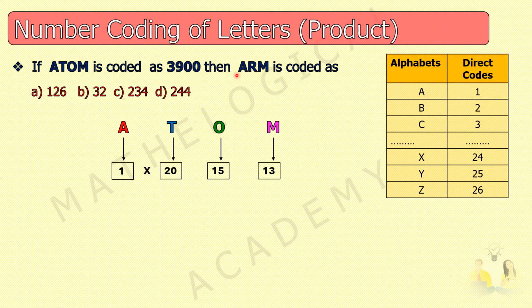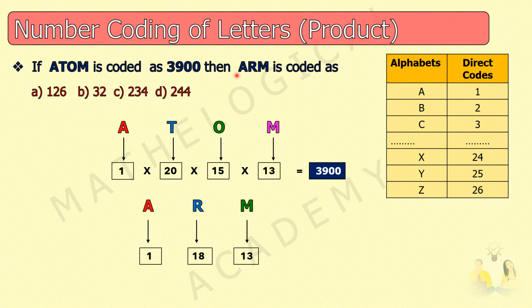We'll try multiplication. And yes, we get 3900. So let's try with ARM. Serial numbers will be 1, 18, 13. Multiplication, we get 234. Our answer should be C, 234.